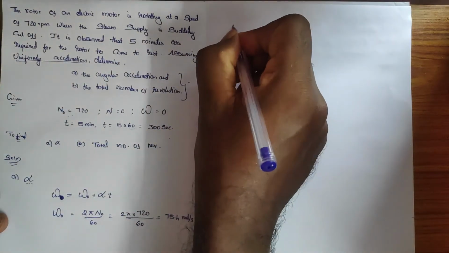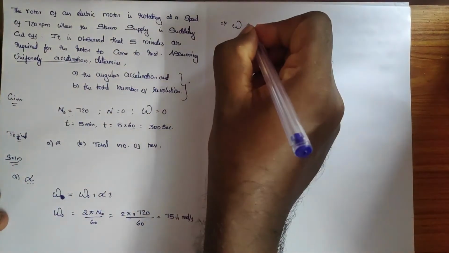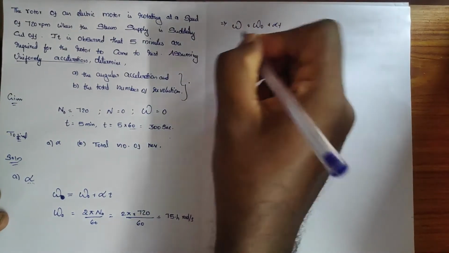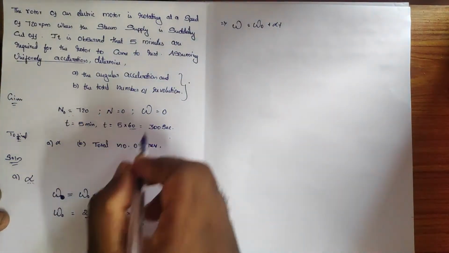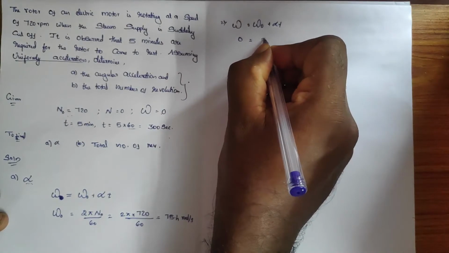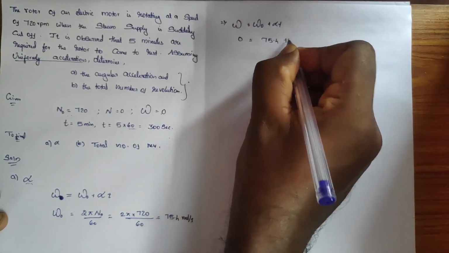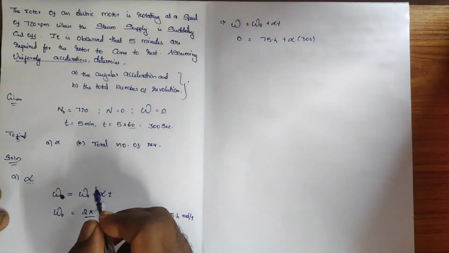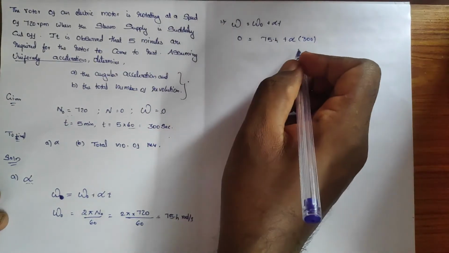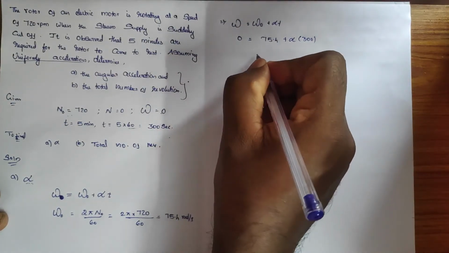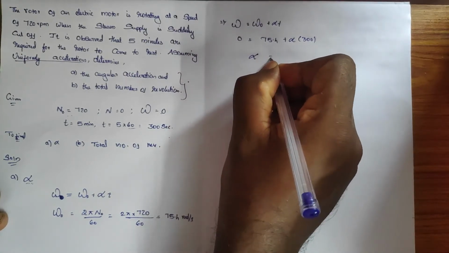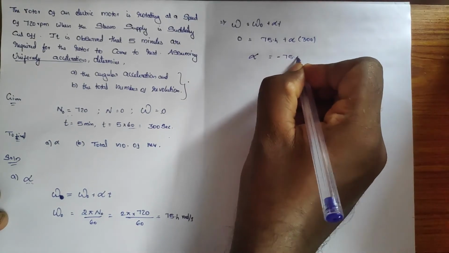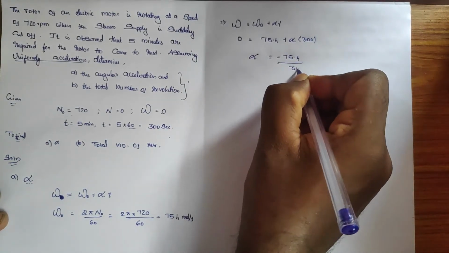Now the formula omega equal to omega naught plus alpha t can be written as 0 equal to 75.4 plus alpha into t, which is 300. If you simplify it, alpha is equal to minus 75.4 divided by 300.